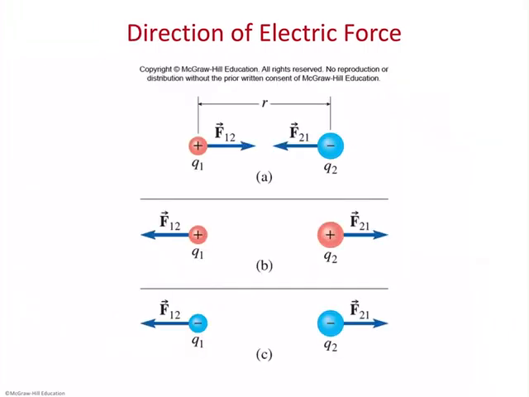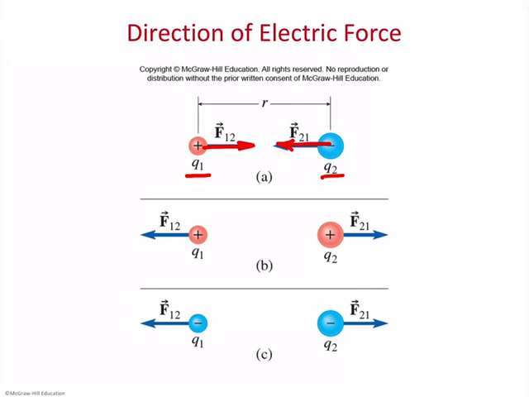Okay, so let's look at these figures for a minute. First, see how you have two different charges, a positive and a negative, so they're being attracted, which is what they're showing you. Now, this always gets people because they think force 12 and force 21.